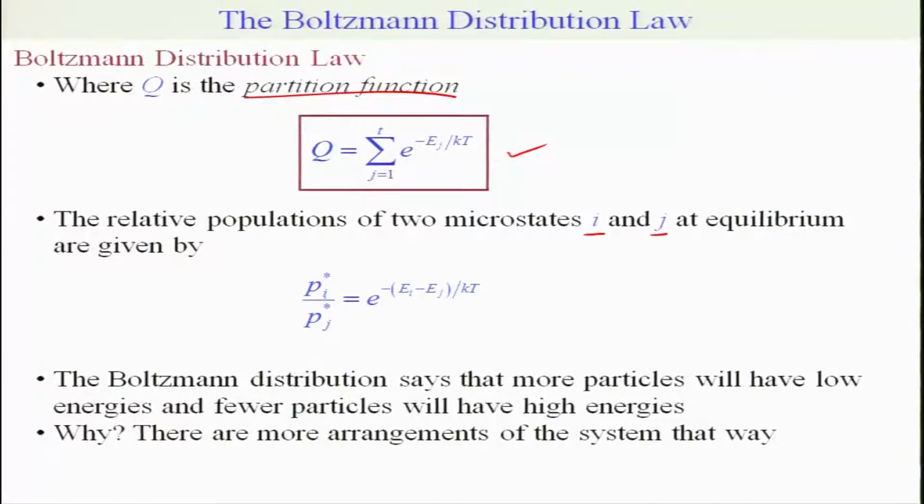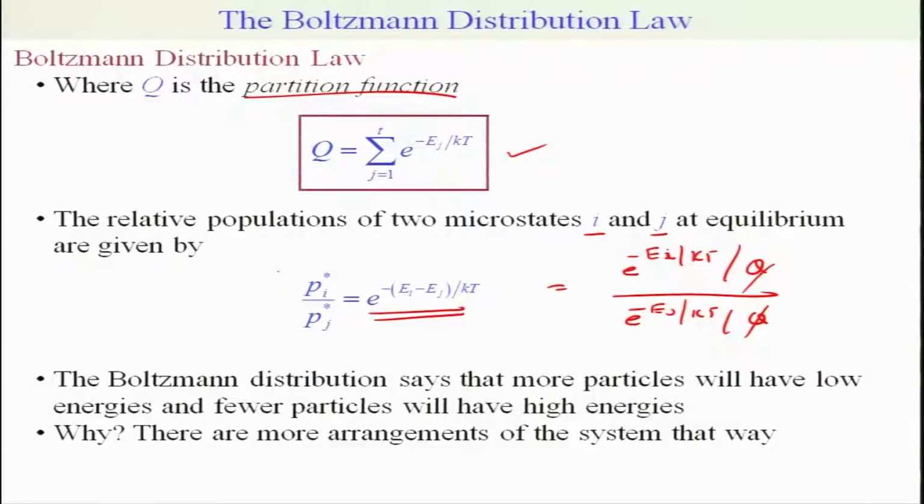If we divide P_i star by P_j star, this is going to be e to the power minus (E_i minus E_j) divided by kT. This comes directly from writing minus E_i by kT divided by q, and minus E_j by kT divided by q; q gets cancelled, and then you can rearrange to get this expression.